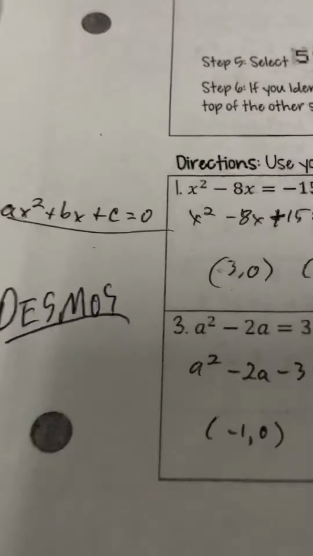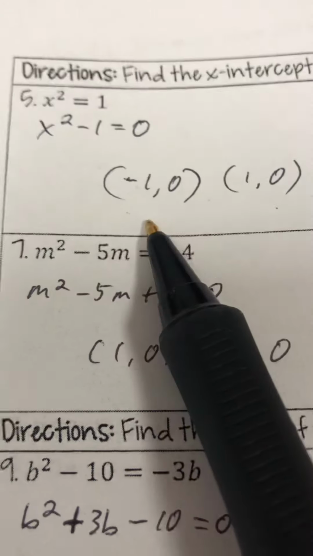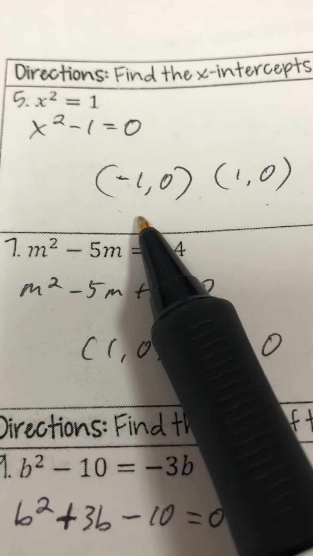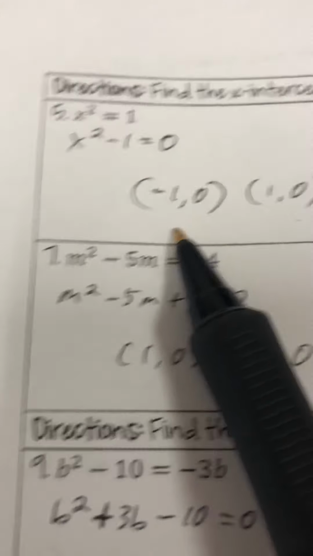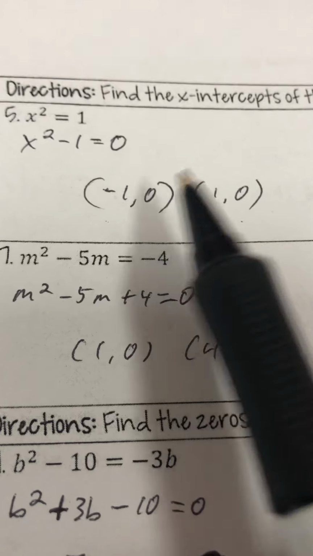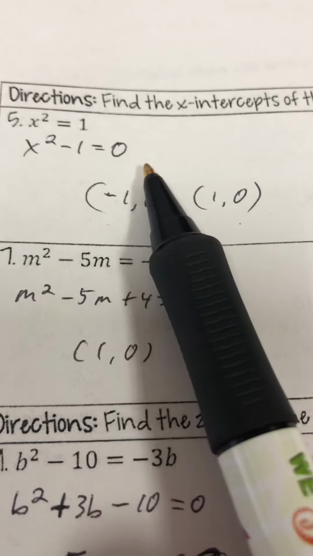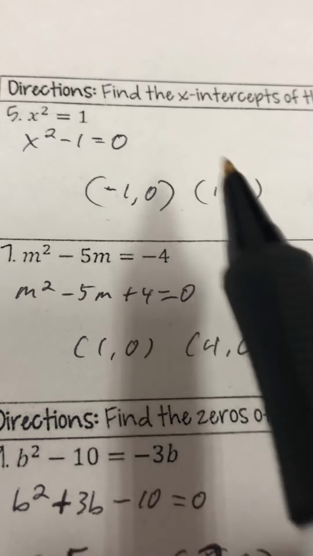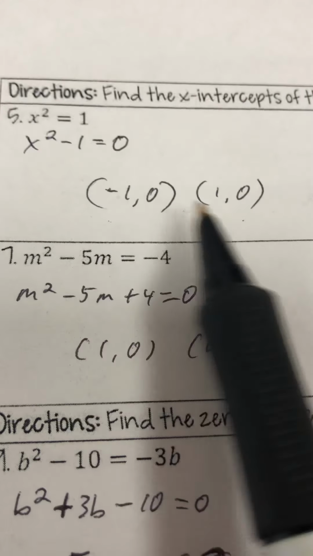Okay, moving on. When you plug this into your calculator, remember you've got to put it in standard form. I'm not going to show you the calculator each time, but you're doing the same thing. I would use the graph and go down where you see y equals 0 on each one of these after you plug it in your calculator, and you will find negative 1, 0, and 1, 0.